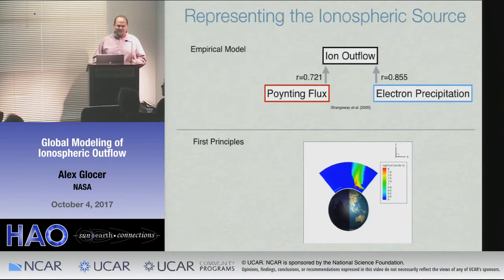That approach has the advantage that you have a lot of physics in it, but the disadvantage that it's more computationally expensive, and your model is only as good as what physics goes into it. If you're missing some key process, your representation might not be that good. But nevertheless, this is the approach that I'm going to talk about for the remainder of this talk.